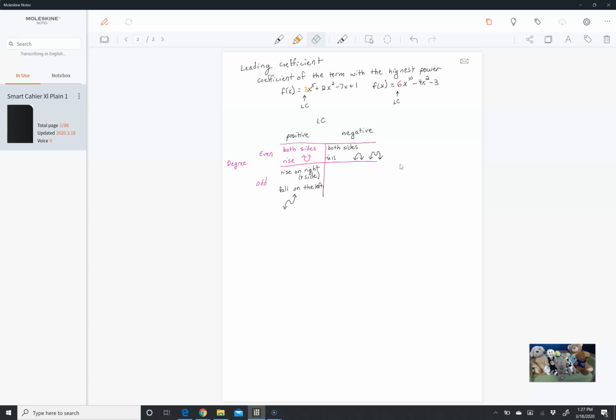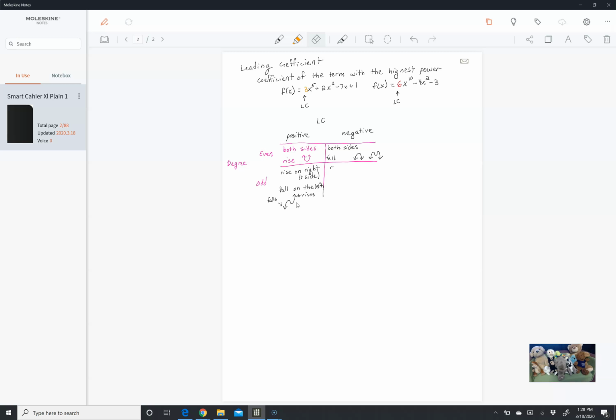So here it falls. This is the left side. Remember that if we are standing in the center of the graph right here and we look to the left, the y values are falling. If we look to the right, the y values are rising. And with negative, it's the opposite.